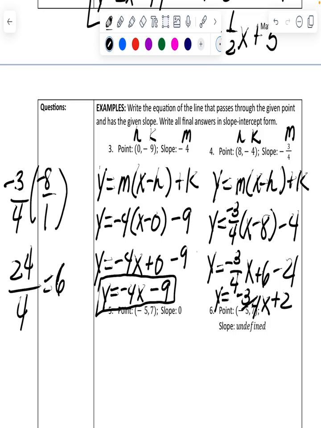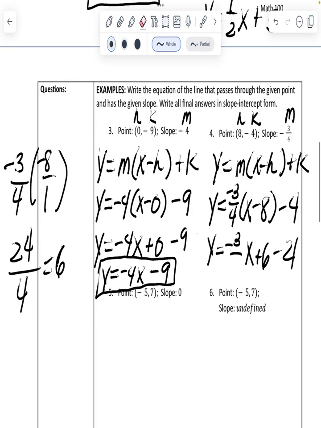All right, so the next two examples, and I'm going to erase this part right here just so you can see them, I have a slope of 0 and I have a slope of undefined.